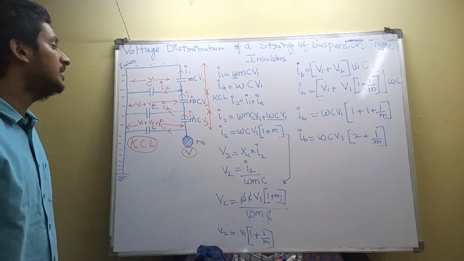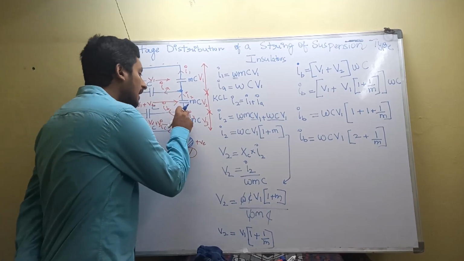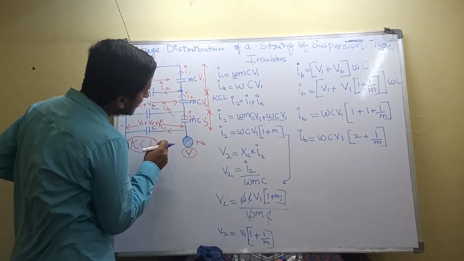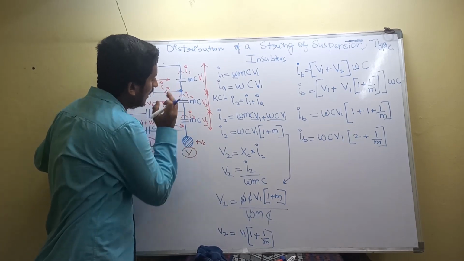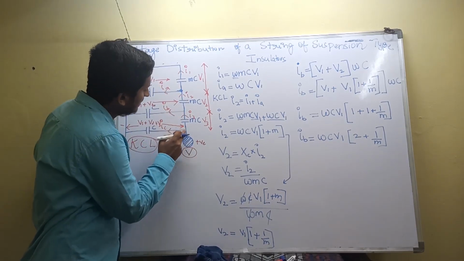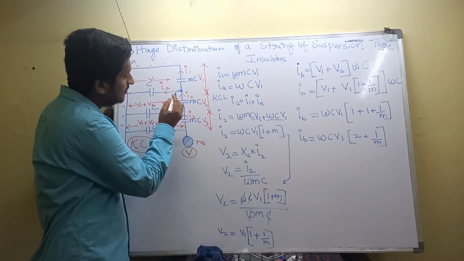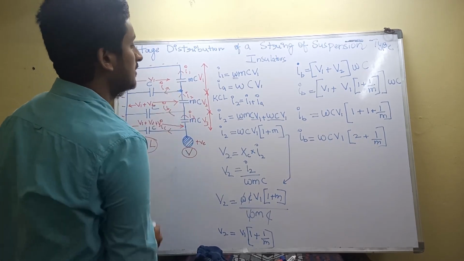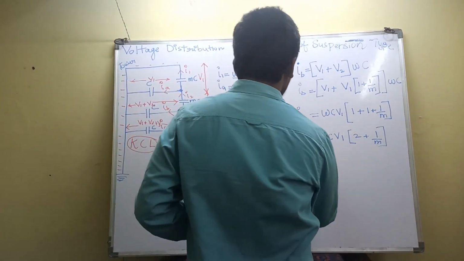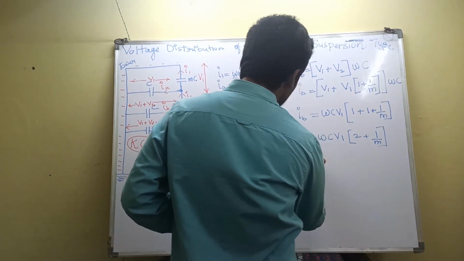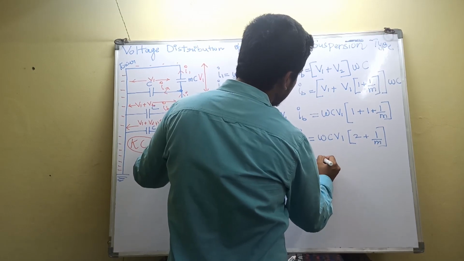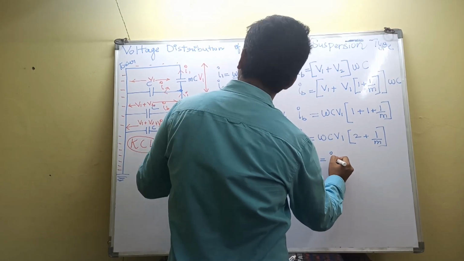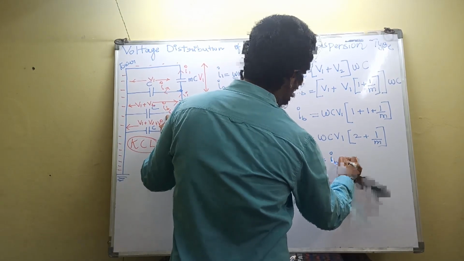Alright, now we are going to apply KCL at this junction. Now see here, I3 is incoming and IB and I2 are outgoing. So I can say I3 is equal to IB plus I2 at this junction.